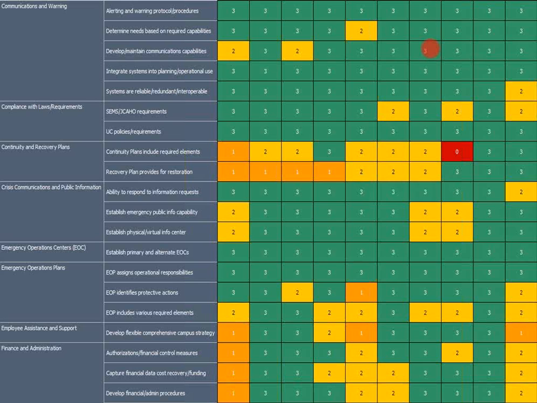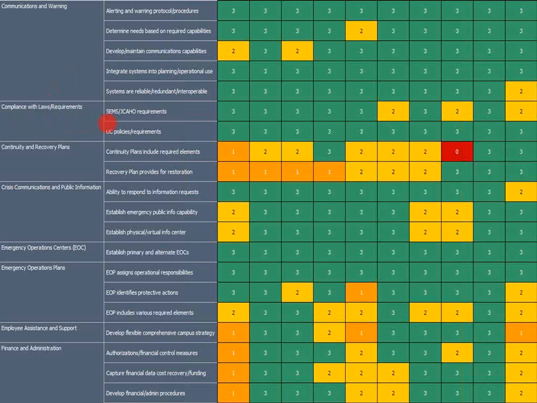For those that have the slides, you should hopefully be able to see this. What we actually do is we measure all of our campuses. They have to do an annual assessment of their compliance with NFPA 1600 and where they're at, with green, yellow meaning they're almost there, orange meaning they're in the process, and red meaning they're not.